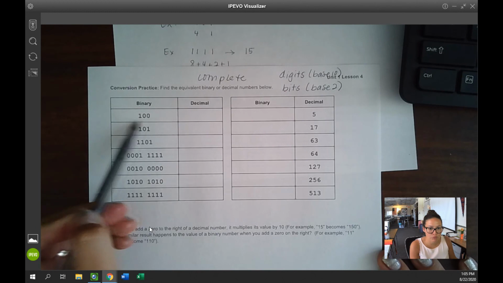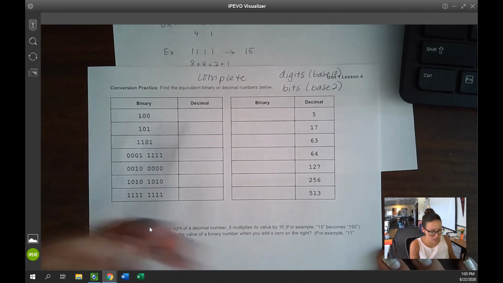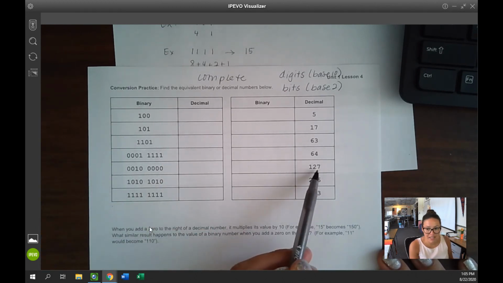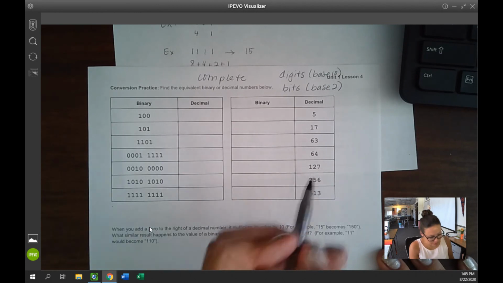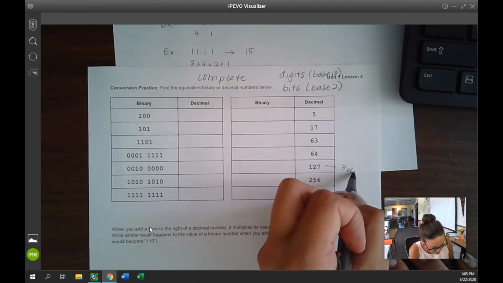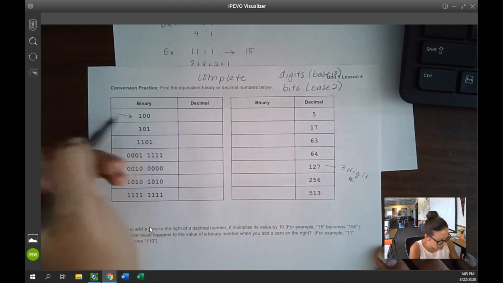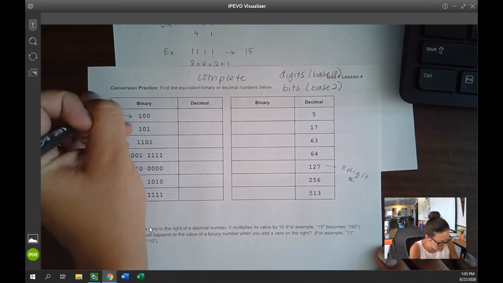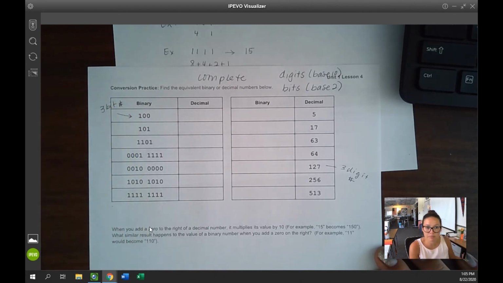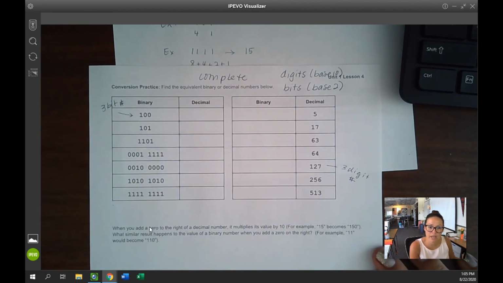So this is a 3-bit number, whereas here, we call this a 3-digit number, right? This is a 3-digit number. This is what we call a 3-bit number, okay? Just a little vocab for you.